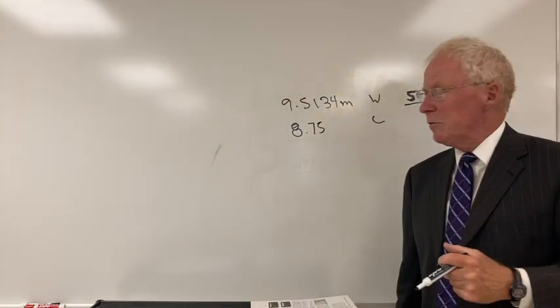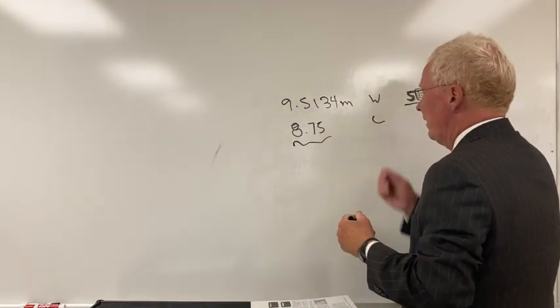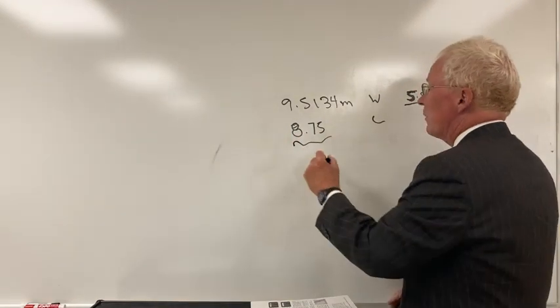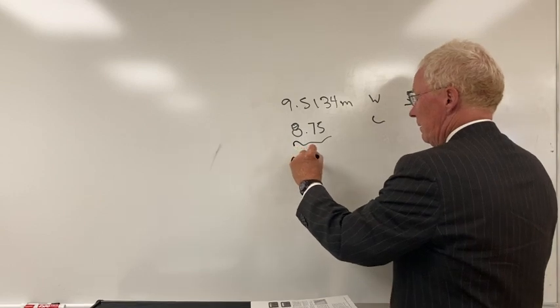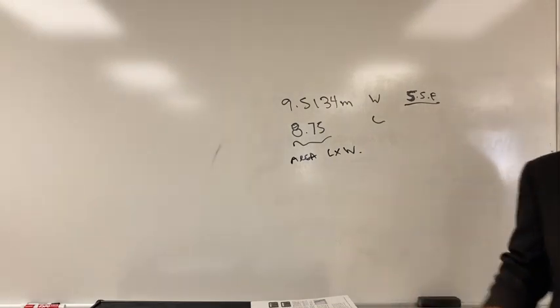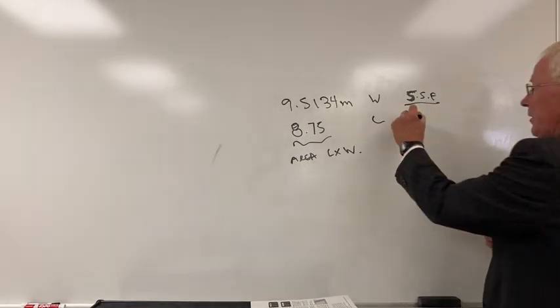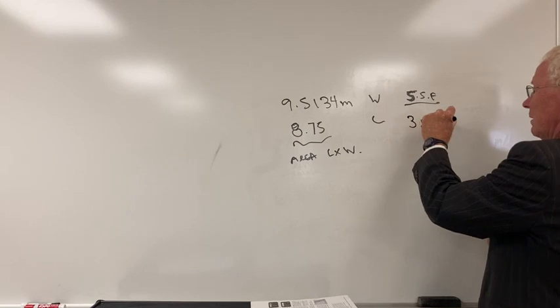Now, if I was to calculate the area of this thing, area is length times width. Let me get my calculator. This has 3 significant figures.